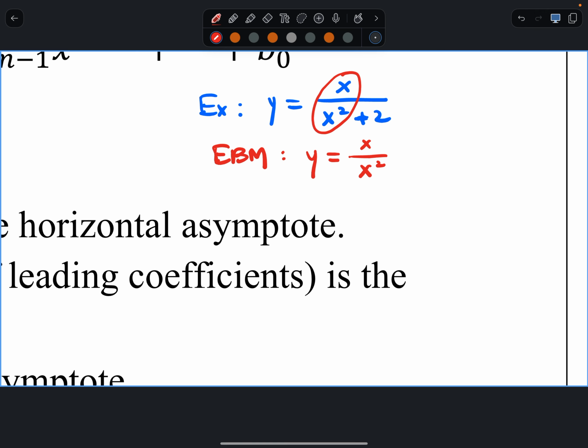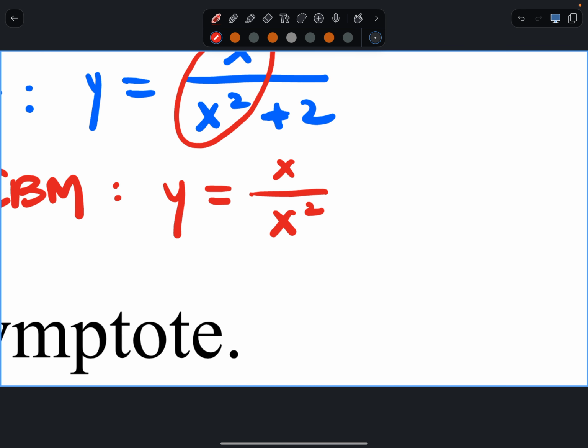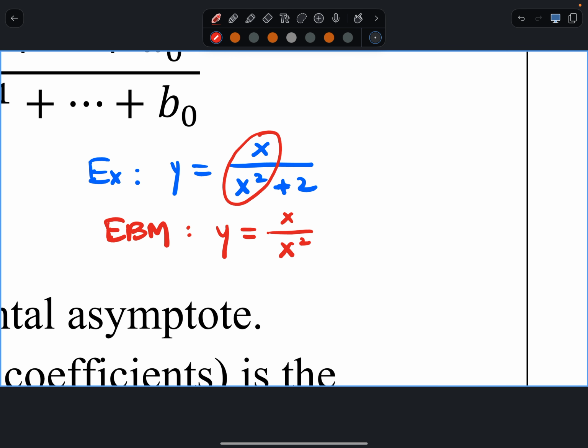Okay, so y equals x over x squared. What does that simplify to, you guys? 1 over x. And you guys know what 1 over x looks like, but we can also do the numerical analysis where we think about x approaching positive or negative infinity. What is y approaching for 1 over x?